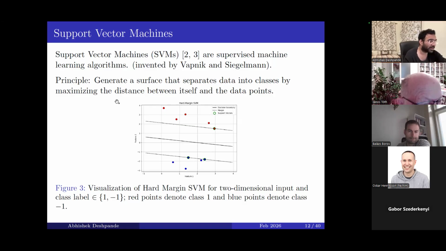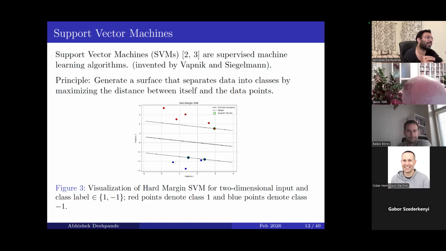The key point here is that it should maximize the distance between itself and the nearest data point. I'll come to what it means by nearest data point, and I'll explicitly tell you what exactly it means to separate data. But to give you a rough intuitive definition, the idea is to generate a hyperplane that separates data into classes, right?